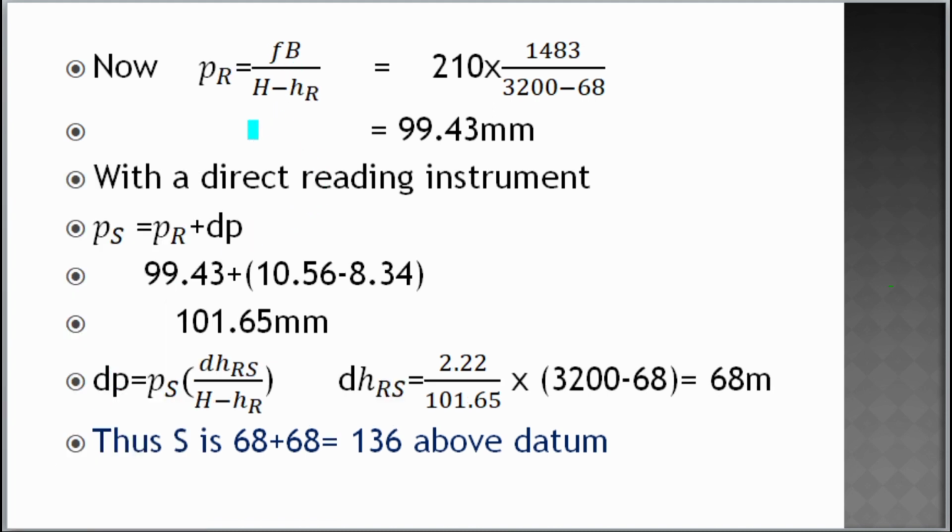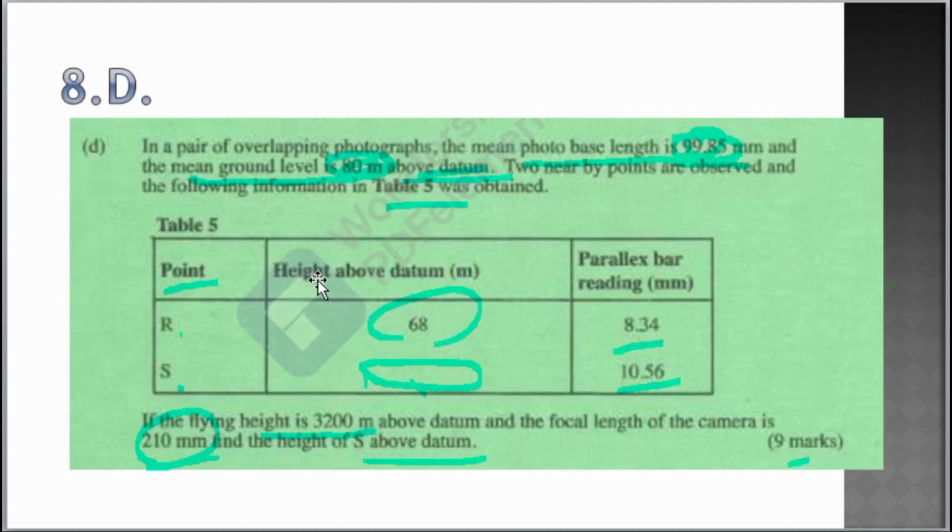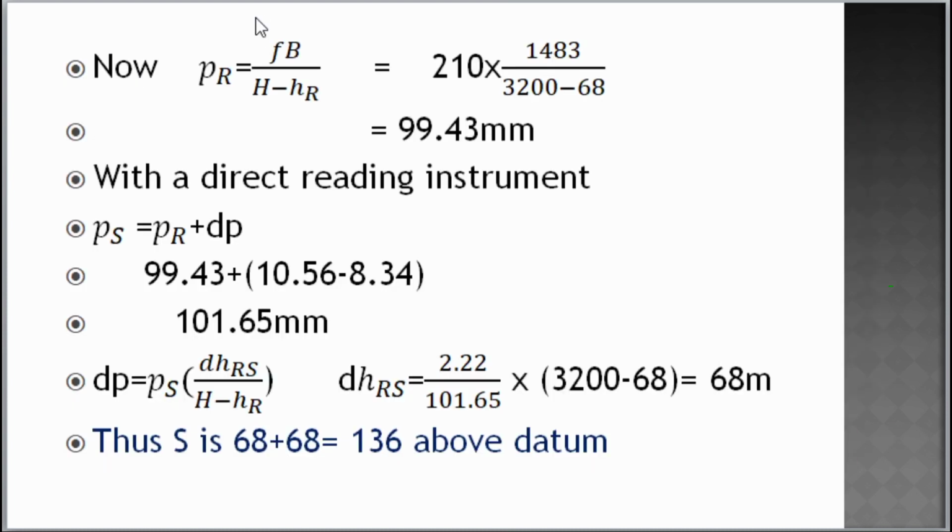So let's continue there. The parallax at R is equal to F, the focal length, multiplied by the airbase B over H, the flying height, minus the height above datum given to us here, so the height above datum for R. That is the representation that I've done here.